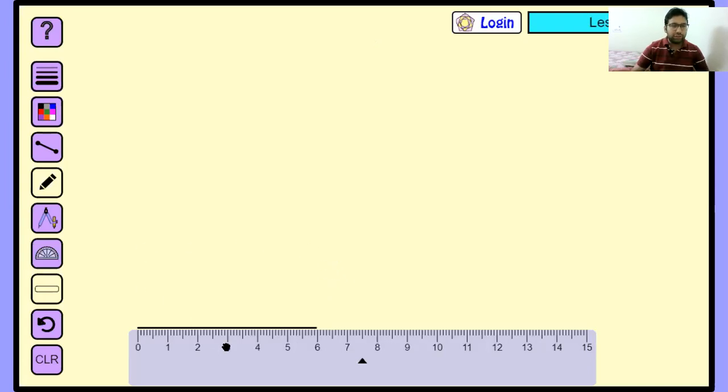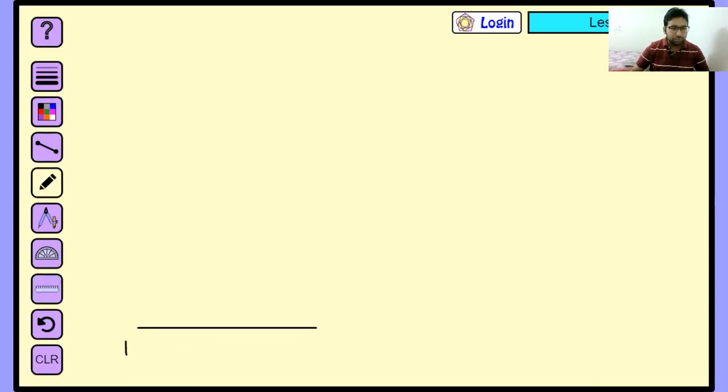Okay, so we have drawn the base a little bit more. Okay, leave it. So we have the base BC equal to 6 centimeter.